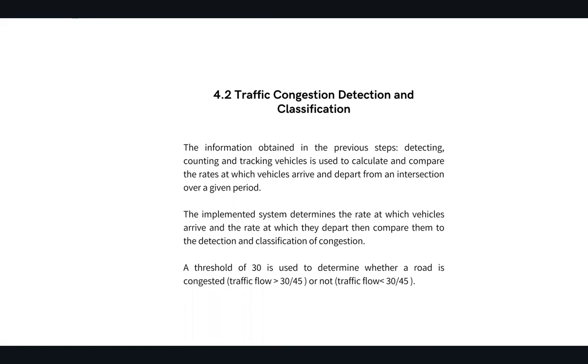The rate of vehicles is used to determine whether the road is congested or not by calculating the traffic flow using 45 seconds and 30 cars as thresholds, and comparing these thresholds to the obtained traffic rate for a specific video.